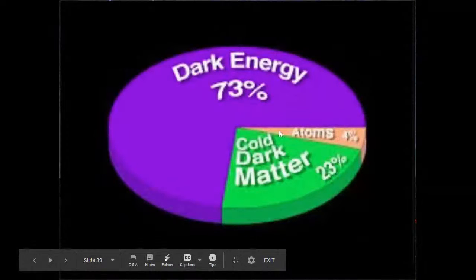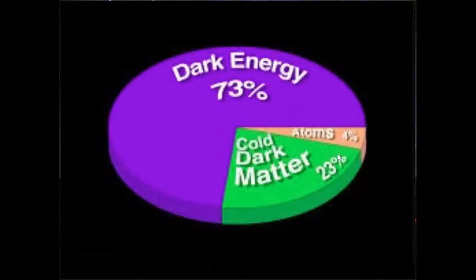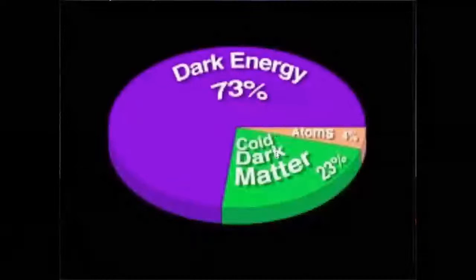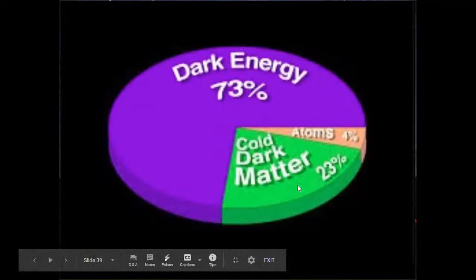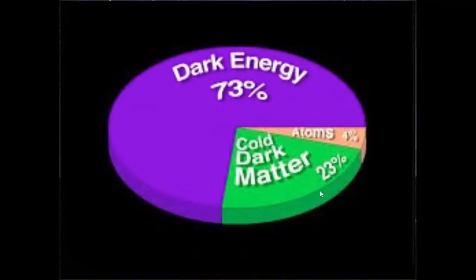The dark matter particles are supposed to be moving at non-relativistic velocity. That's why it's called cold dark matter, because from the structures that are formed, one would say that the structures arose largely out of non-relativistically moving dark matter particles. Cold dark matter appears to be about 23% to 25%.